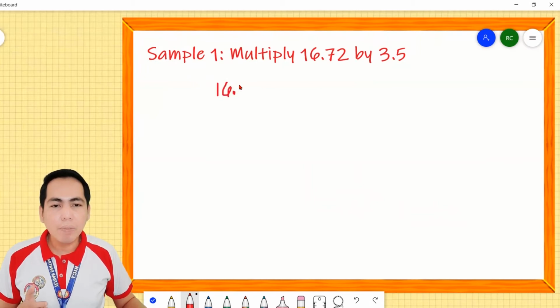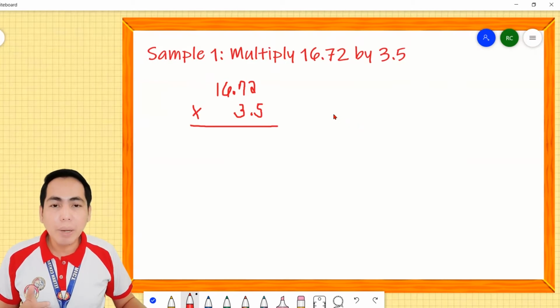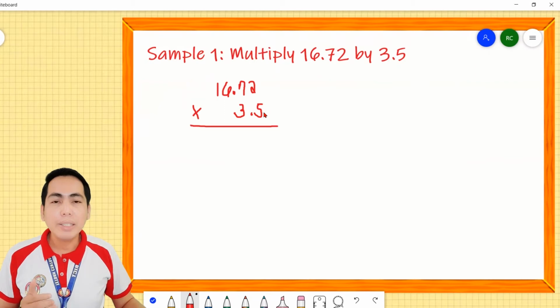So 16.72 and then times 3.5. After writing the numbers in vertical form, we are going to multiply the numbers the same way as when we are multiplying whole numbers. So we can start by multiplying our digits starting from the rightmost part.